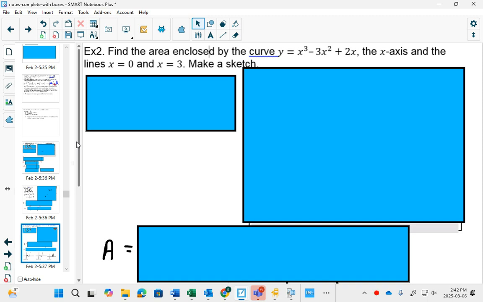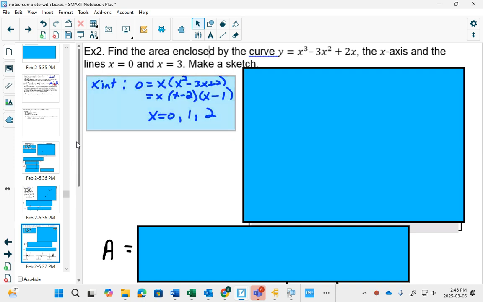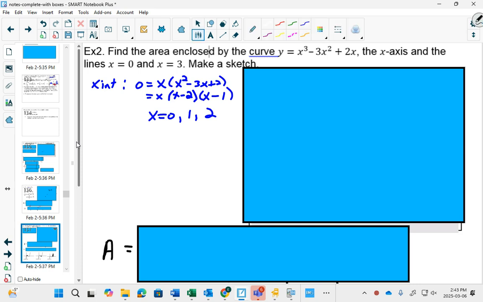Question, do you remember how to quickly graph, using grade 12, x cubed minus 3x squared plus 2x? An x cubed graph, we could factor it to find x-intercepts at 0, 1, and 2. Because it's a positive x cubed graph, you know that its end behavior has to look like this, and it might have some curves in between.